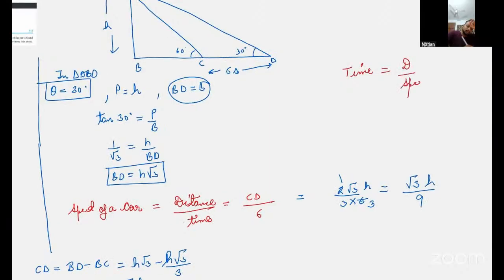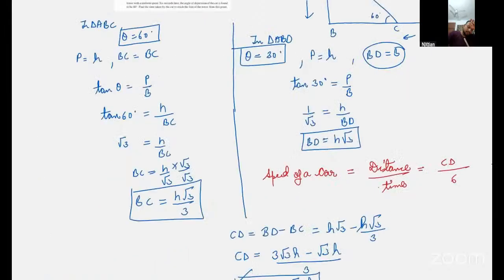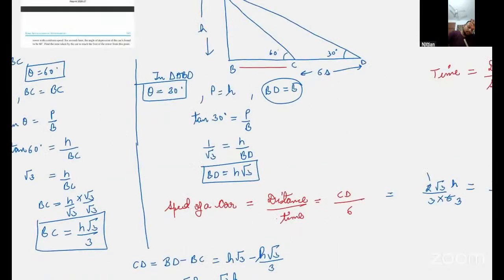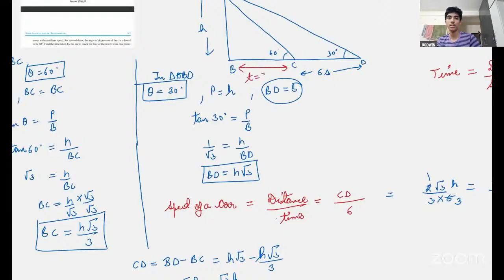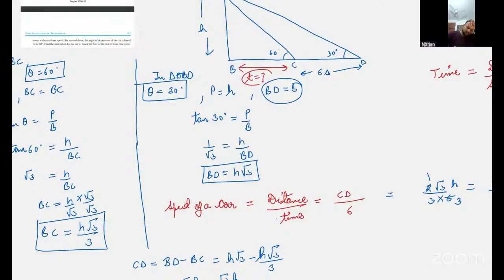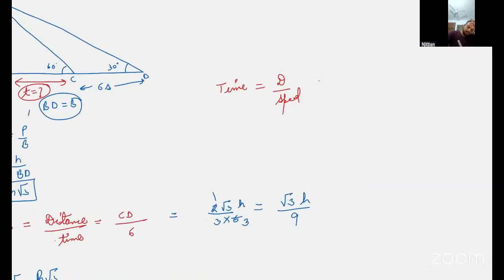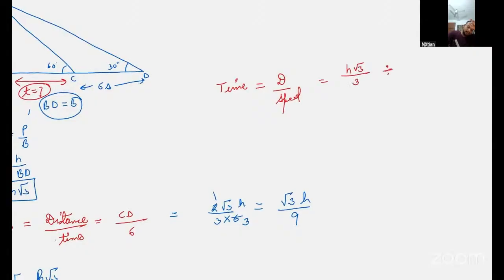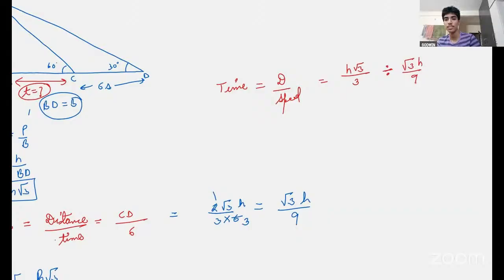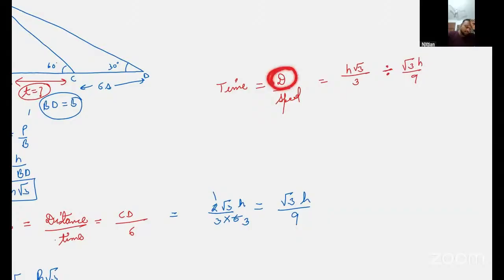Now what is the distance for which we have to calculate the time?